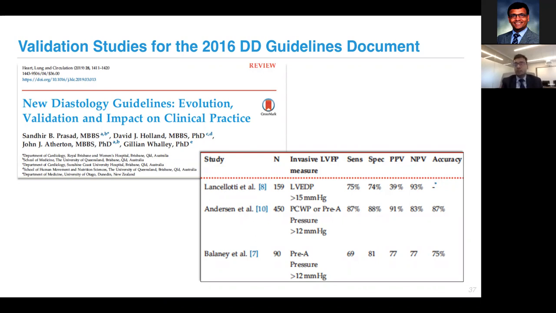In fact, the specificity is higher, and there's been some criticism in the literature on the lack of age or sex defined values for the different variables, and also that there may be some degree of loss of sensitivity because some of the variables may be geared towards specificity. And that is likely to be resolved by the next round of revisions, and a new guideline is likely expected in the very near future.